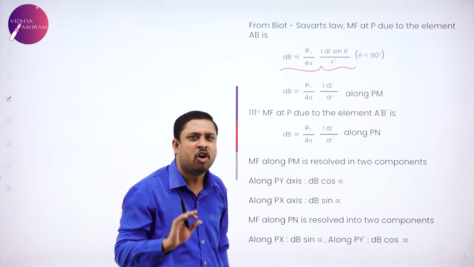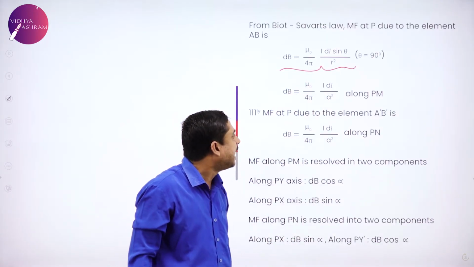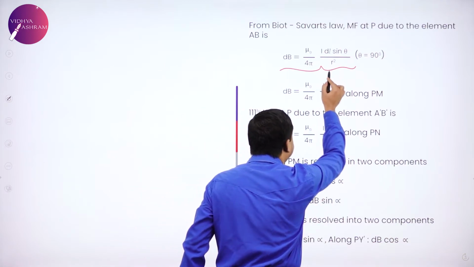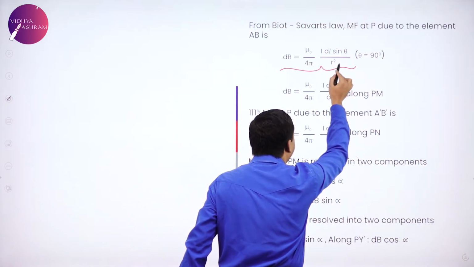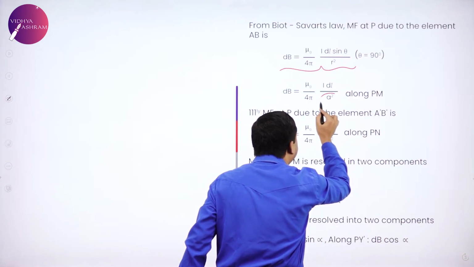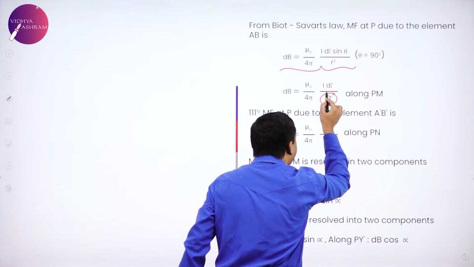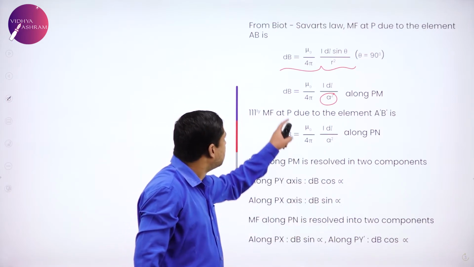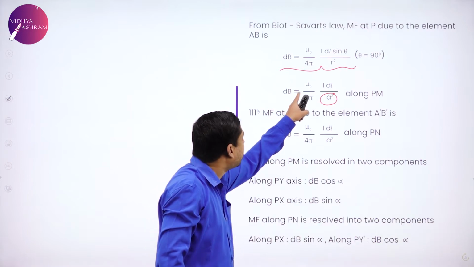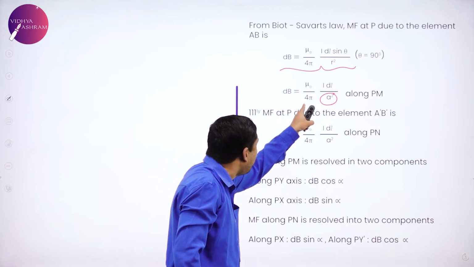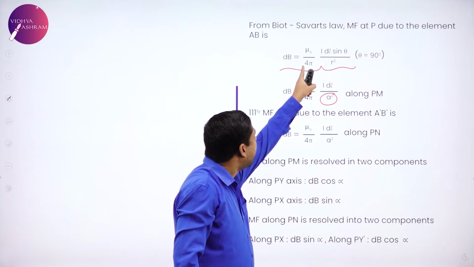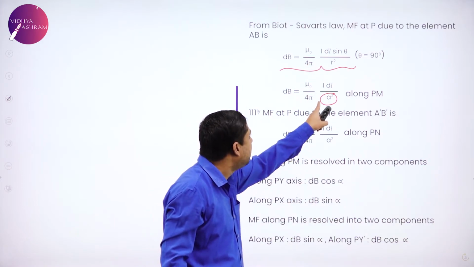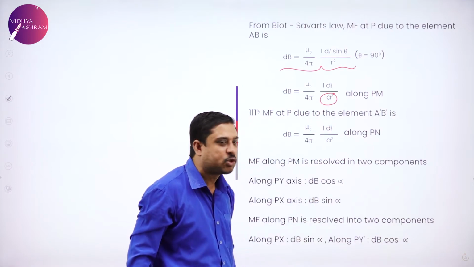Or rest assured, just consider theta to be 90 degrees. And what is the distance between the element and the point? A. So r square becomes A square. So dB equals mu naught by 4 pi I dl, now sin 90 is 1, divided by A square.